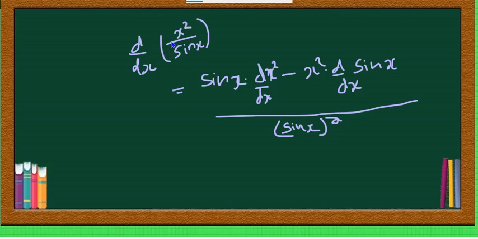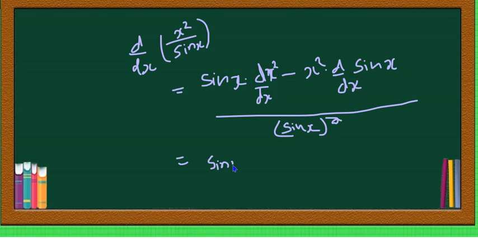Just recall this formula. d by dx of f of x divided by g of x equal to g of x into d by dx of f of x minus f of x into d by dx of g of x, divided by g of x whole square. Next step is simple. Just write the derivatives. That is sin x into, what is the derivative of x square?